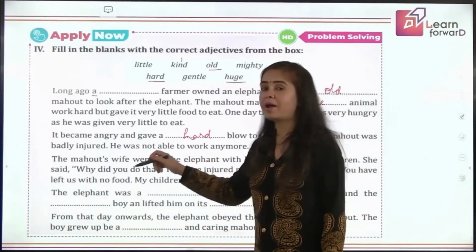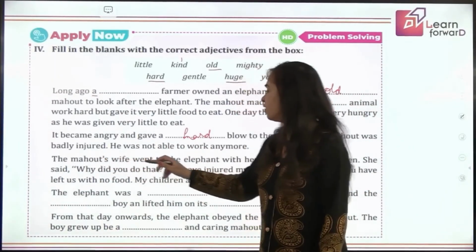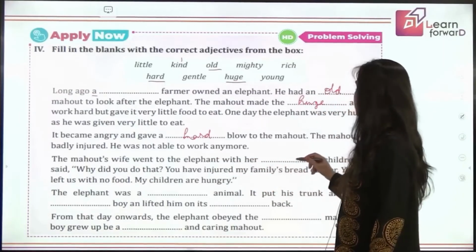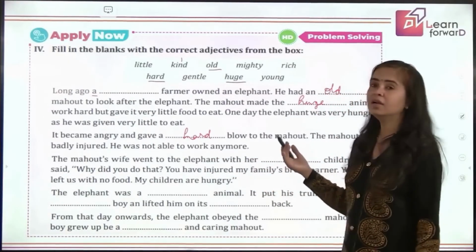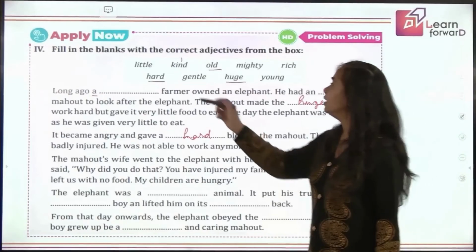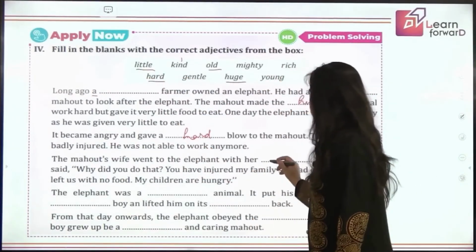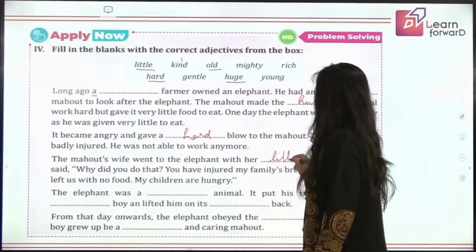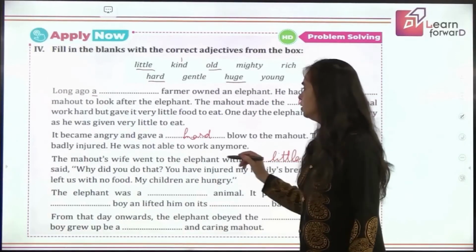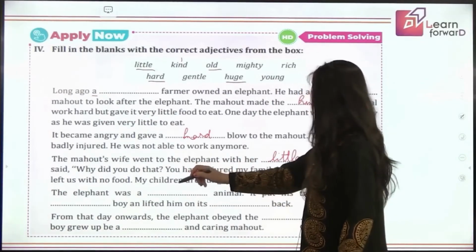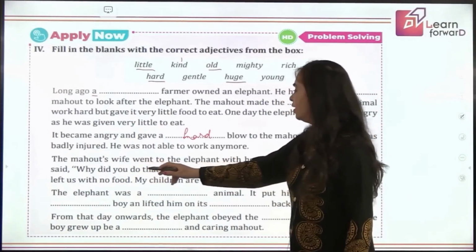He was badly injured. The mahout's wife went to the elephant with her dash children. With her, which children? Little children. Okay, with her little children. And then she said, why did you do that?